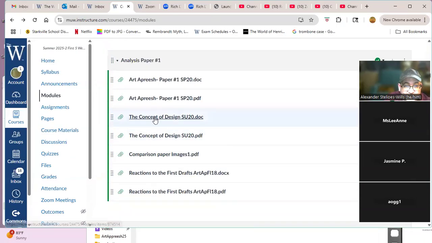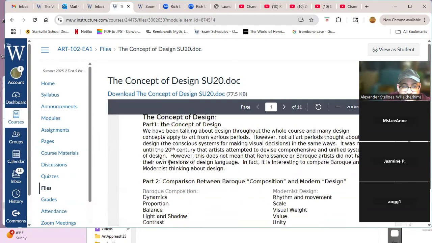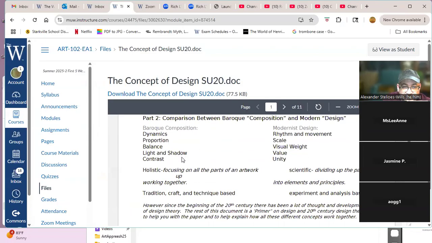The third thing in modules that you might want to look at is a document called the Concept of Design. The first part is just giving you an overview about design and its relationship to composition in Western European painting. Part two goes into that a little bit more.